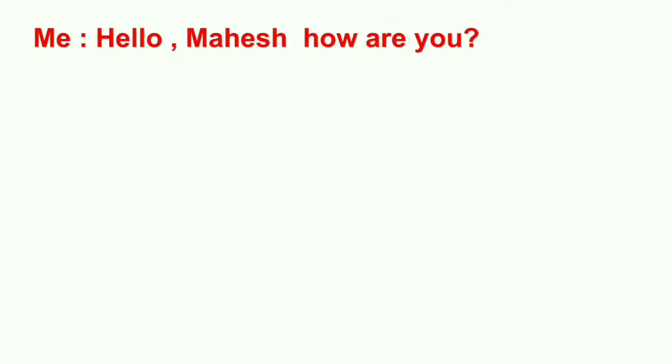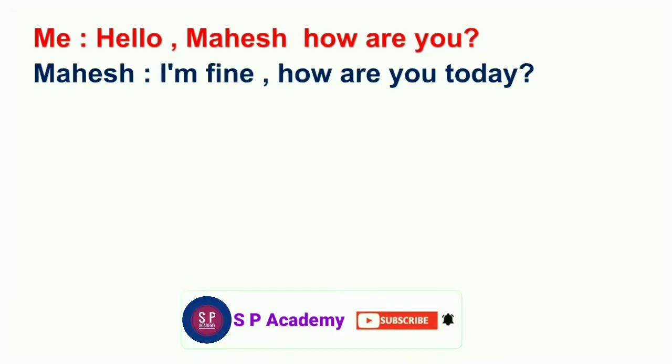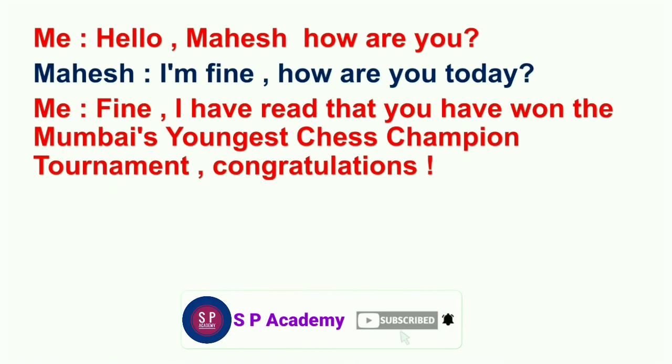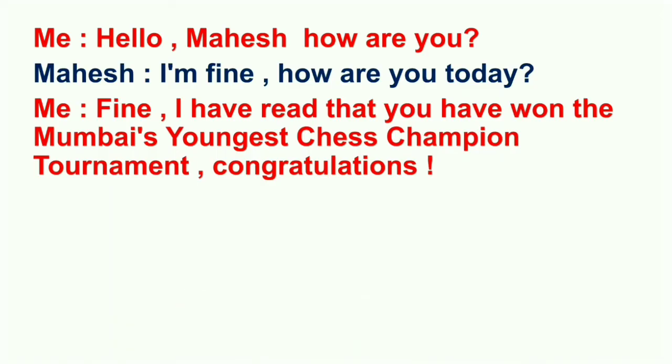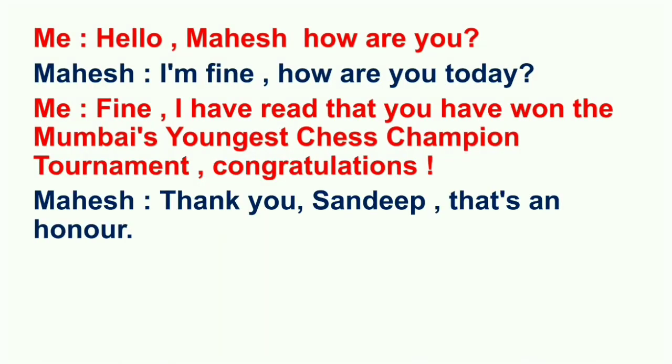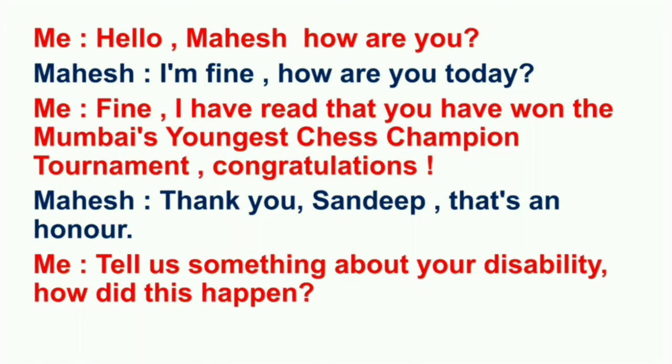Answer. Me: Hello Mahesh. How are you? Mahesh: I am fine. How are you today? Me: Fine. I have read that you have won the Mumbai's youngest chess champion tournament. Congratulations. Mahesh: Thank you Sandeep. That's an honor.